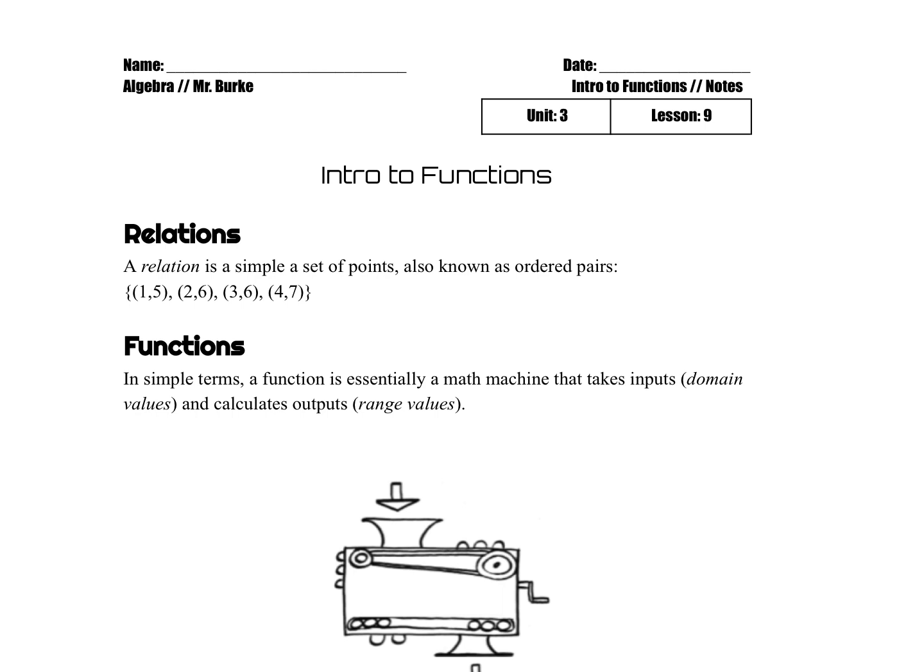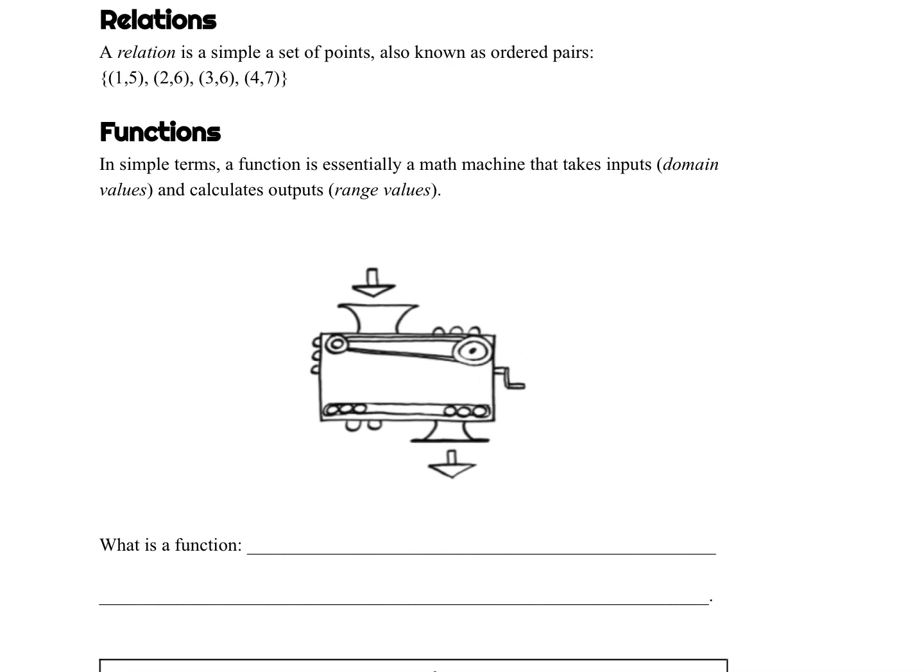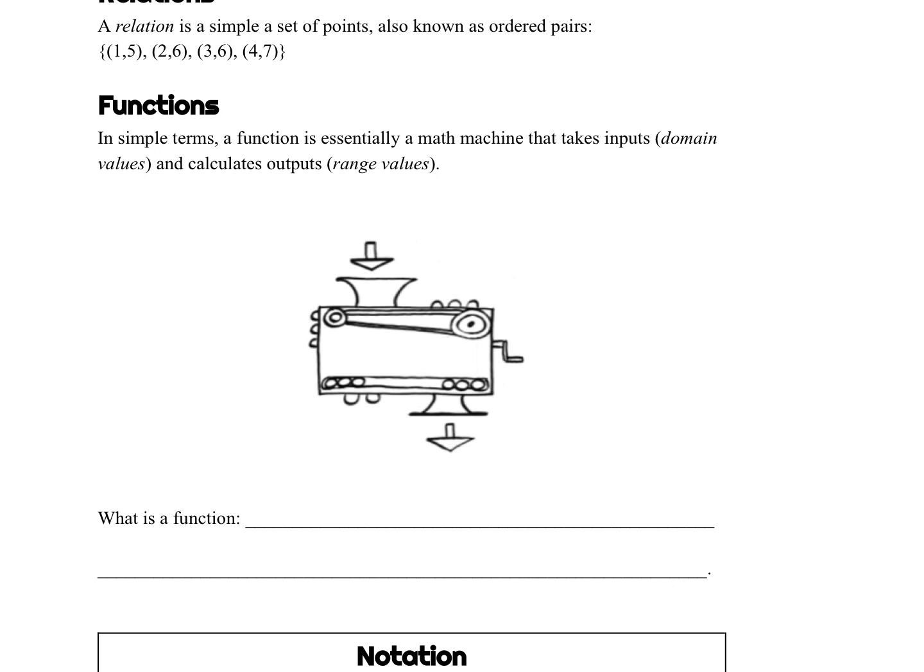All right, and what it does is it relates the x value to the y value. So like 1 goes with 5, 2 goes with 6, etc., etc. The reason why you need to know that is because some relations are called functions. A function is essentially a math machine. What it does is it takes your inputs, also known as domain values.